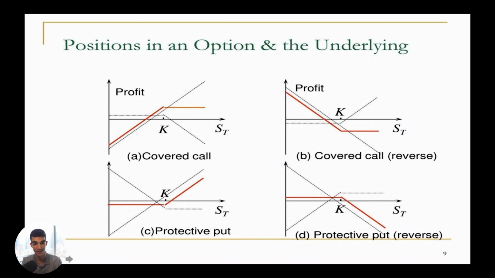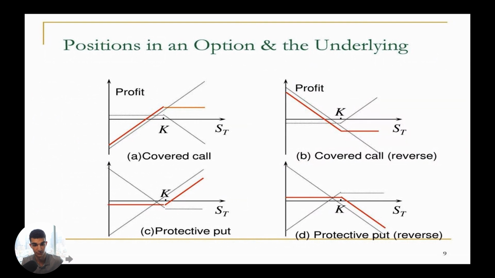And then you are selling a call option, which is shown in this line here. When you combine your long position in the underlying and selling the call, you will get this payoff, the colored payoff here.